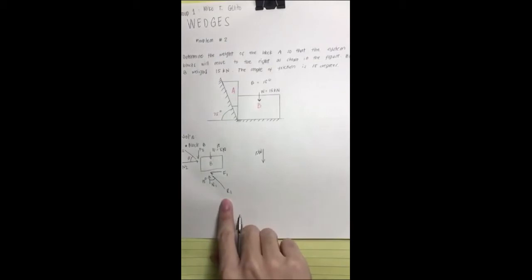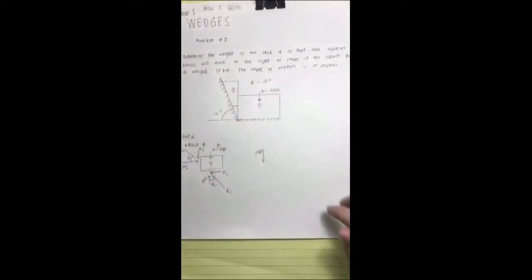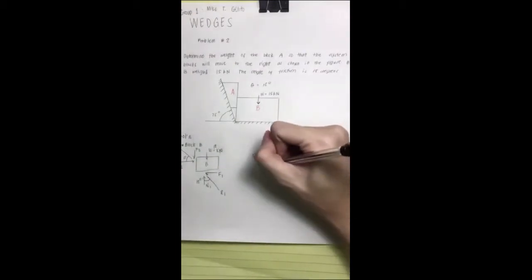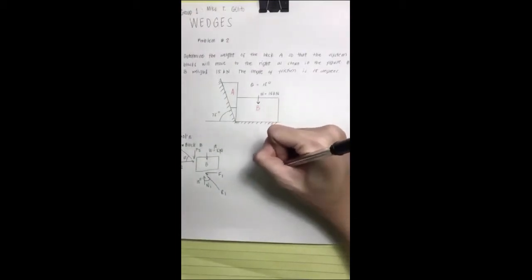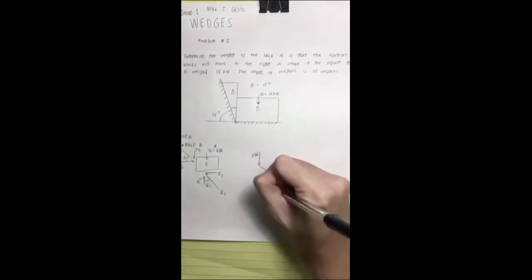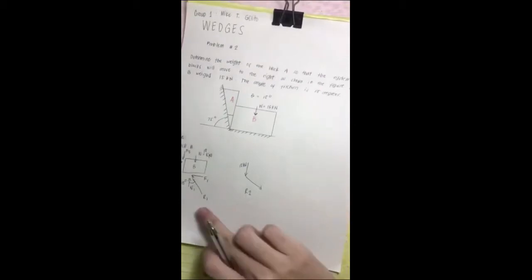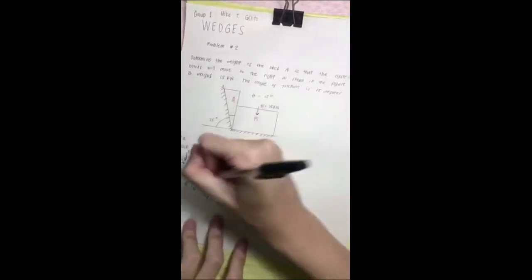So let's go with R2 first. So R2 is going in this direction, R2, and then the R1 here, which is going upward.